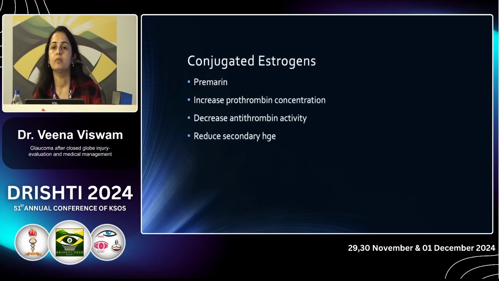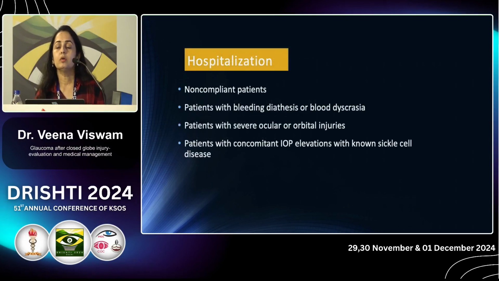Atropine is also given to keep the pupil dilated. Then the role of conjugated estrogens like Premarin, which increase prothrombin concentration and decrease antithrombin activity, is also debated, and some doctors prefer to give this as well. It is also known to reduce secondary hemorrhage.